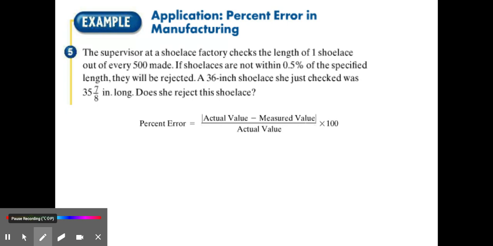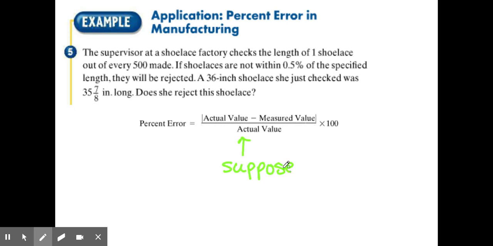Now, let's talk about actual value. This always confuses me a little bit. The actual value is the value or the measurement that it is supposed to be. So if I say that my window is 4 feet tall, when I measure my window, it might only be 3 feet and 11.5 inches.